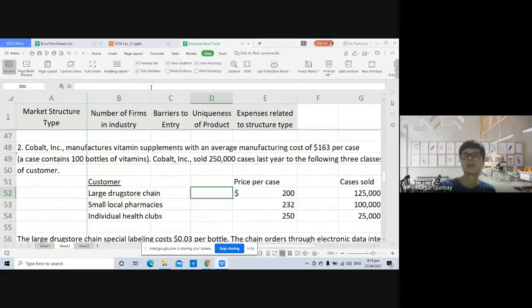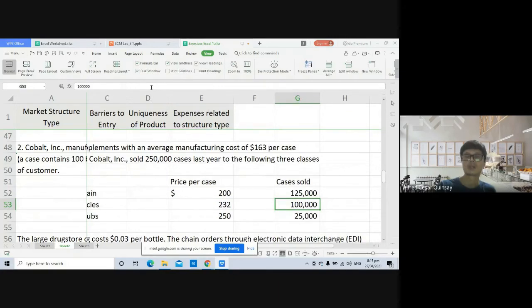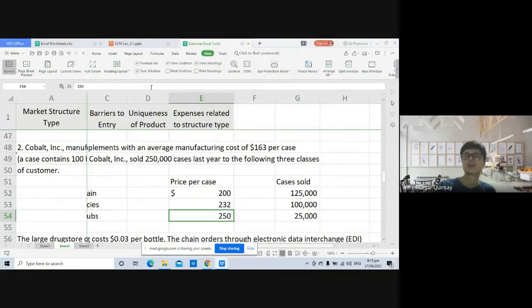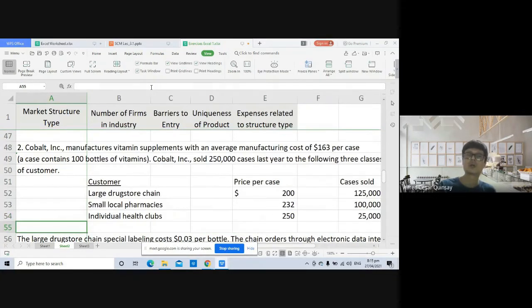Pinakamaraming nabenta dun sa drugstore. Tapos yung pangalawa dun sa local pharmaceutical stores, 100,000. Ang pinakakonti dun sa health club or sa gyms, pero pinakamataas naman yung price niya. So yun yung mga tinatawag na special customers kasi merong mga brokerage fee yan. Merong mga siyempre marketing expense yan, kaya mas malaki yung price nila.